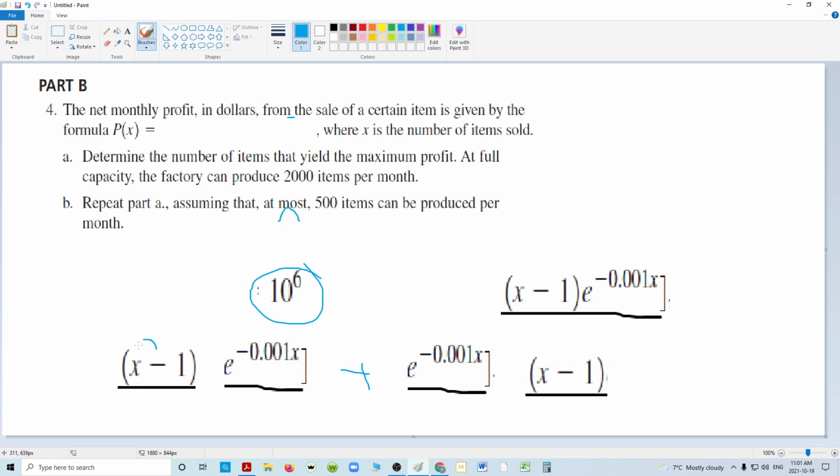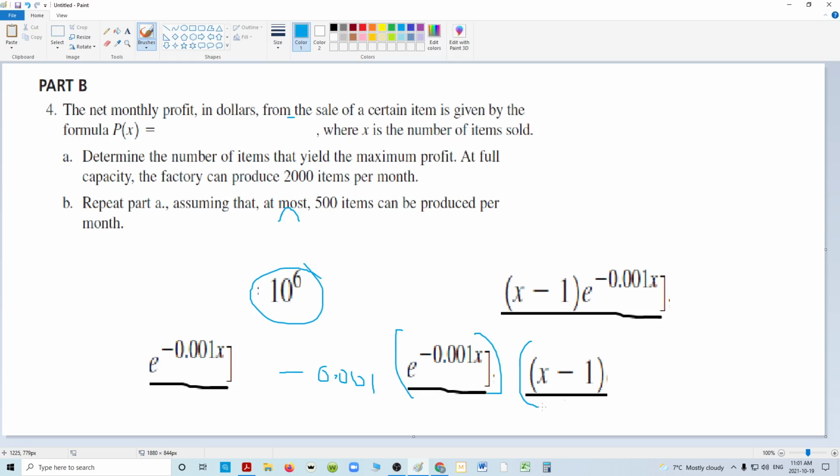Fortunately, the derivative of this is just 1, and the derivative of this turns this plus sign into a negative 0.001 times that, because the derivative of this is the same as the function times the derivative of what's up here times this as a function. So far, that's what we have.